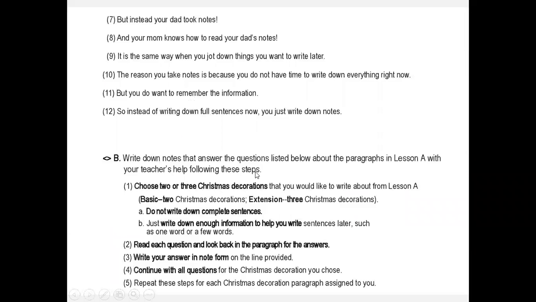All right, so they are going to write down notes and answer the questions listed below about the paragraphs. Again, basic will do 2, extensions will do 3, and they will look back in the paragraph for the answers. This is not a test, so we're not testing their memory of the content.